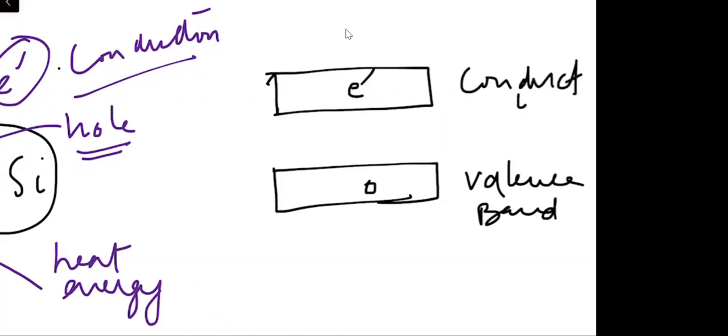In the conduction band, a free electron is being provided and a hole is being created in the valence band.